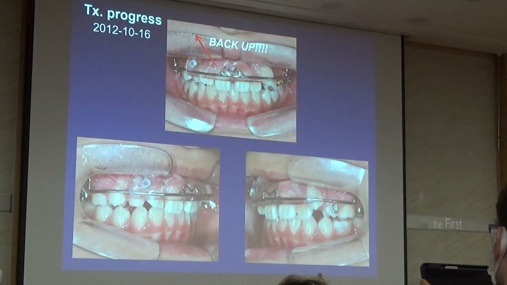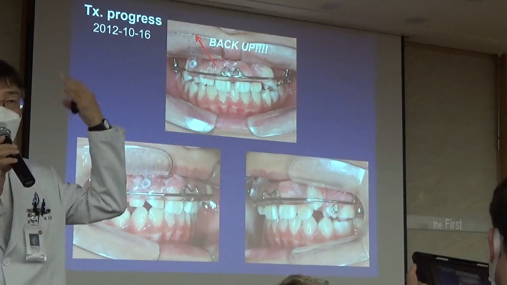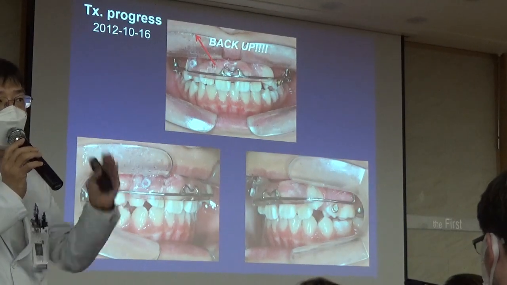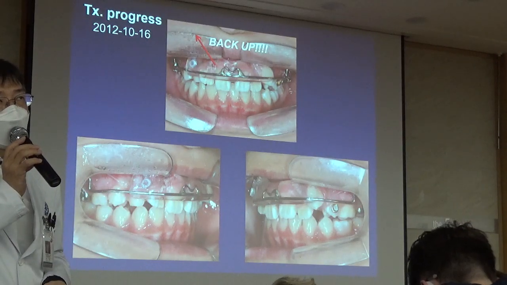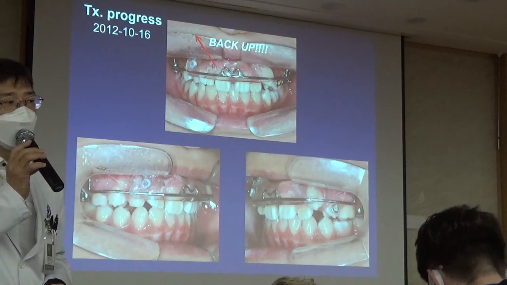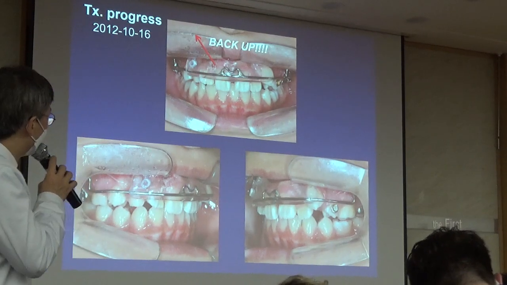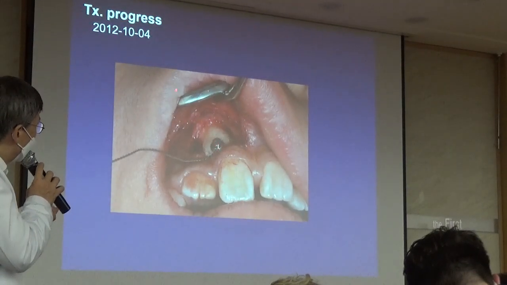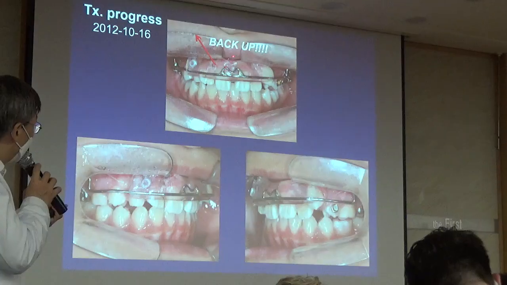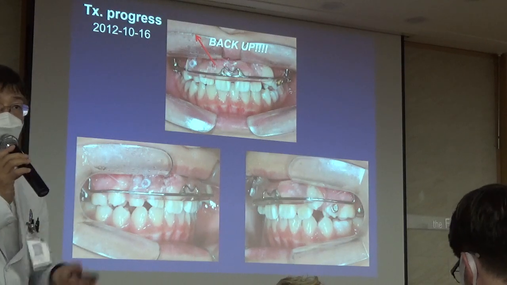This was the only possible appliance I could think of in order to produce a purely upward force vector. I had to design a fixed lip bumper with multiple buttons, and the wire from the canine is tied up on the upper border of the lip bumper in this way.